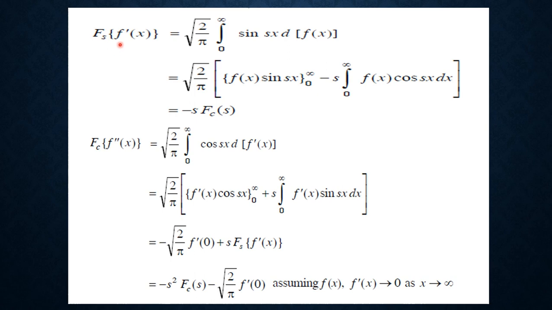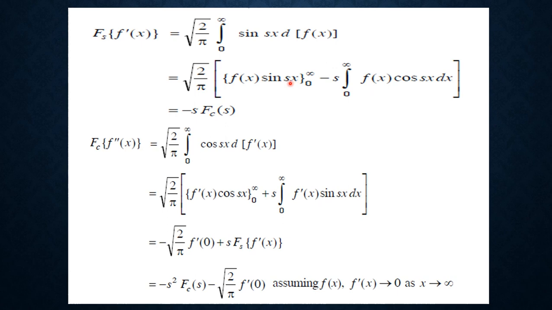Next, for the function f'(x), the Fourier sine transform of the function f'(x) is equal to root over 2 by pi integration from 0 to infinity of sin sx d of f(x). Now integrating by parts, it is equal to root over 2 by pi [f(x) sin sx] from 0 to infinity, and the derivative of sin sx is cos sx, that is minus s integral from 0 to infinity of f(x) cos sx dx.